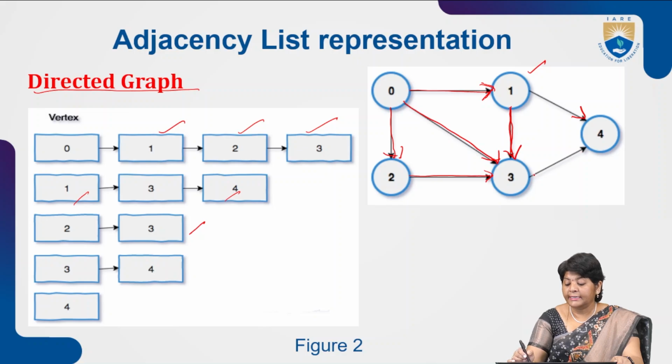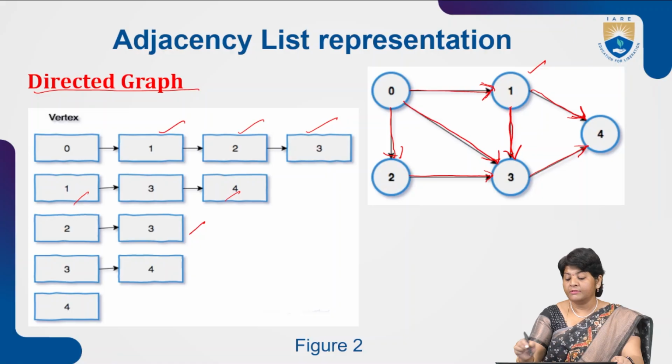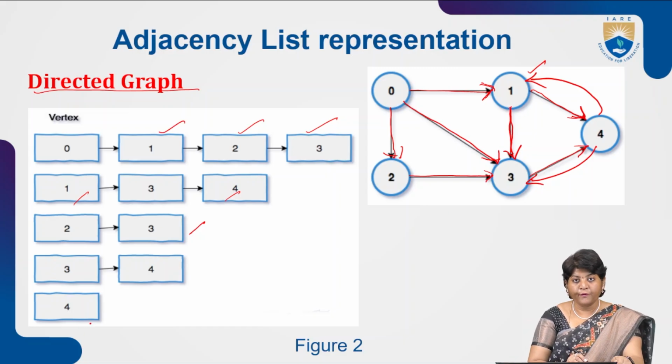See here, 3 to 4, an edge connection is there. 1 to 4, an edge connection is there. But there is no connection from 4 to 1 or 4 to 3. So for 4, we don't have any adjacent vertices.